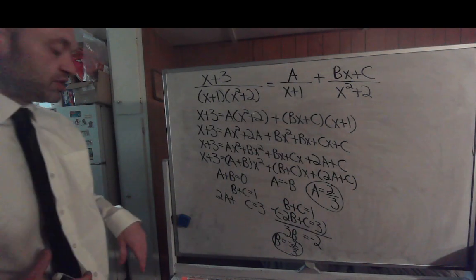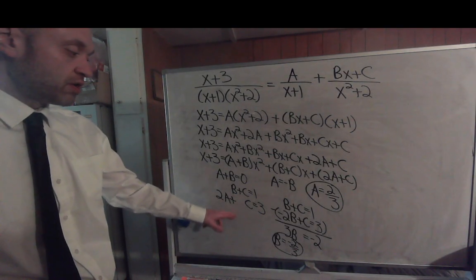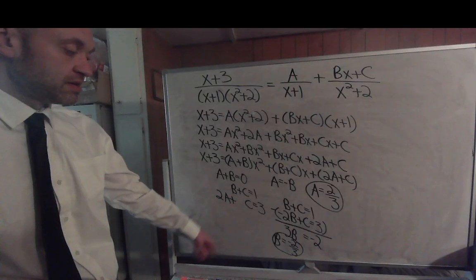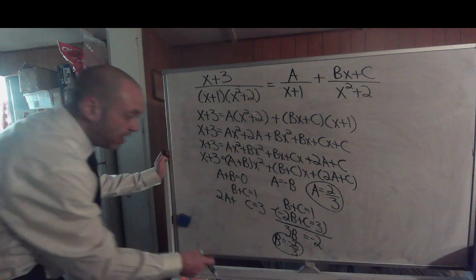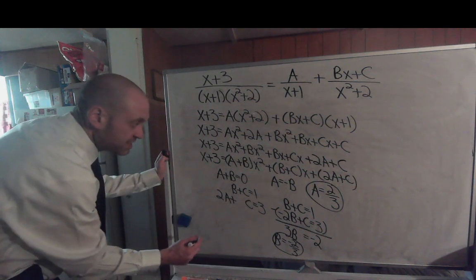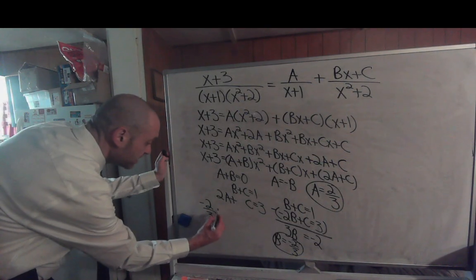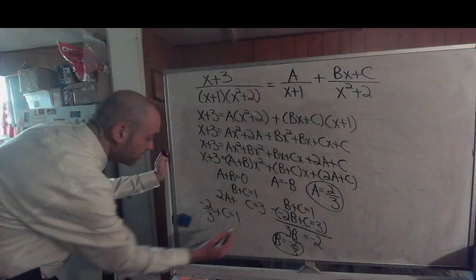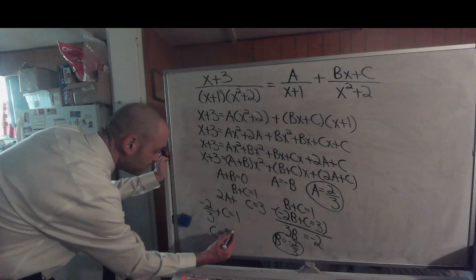Now all we got to do is substitute A or B into one of our original equations and we can solve for C. I'll pick B plus C, so negative 2/3 plus C equals 1, so C would equal 5/3.